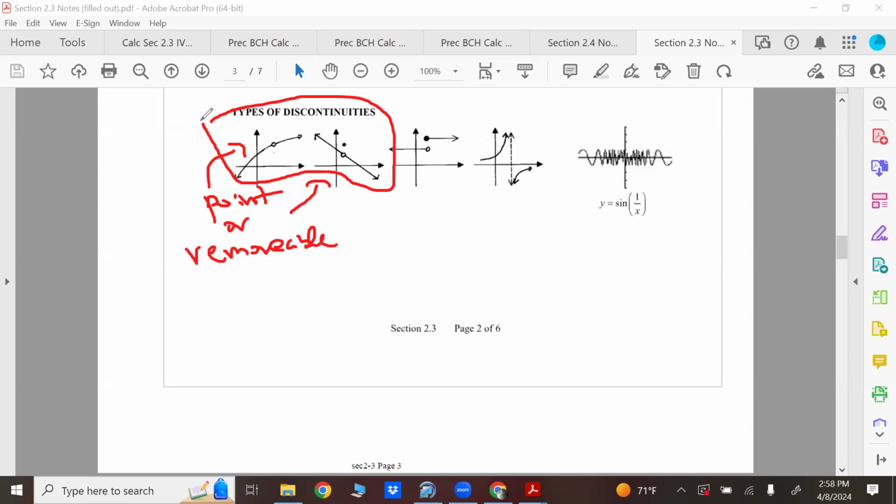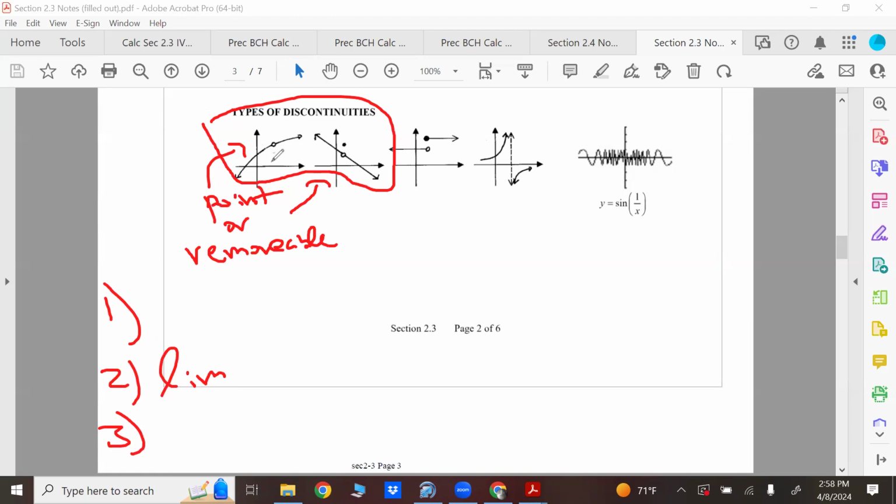They mean the same thing, they're interchangeable terms. And if you have a point floating or a point that just is not there, either way, we'll call it a point or removable discontinuity. And from a continuity or formality perspective, the limit will exist.